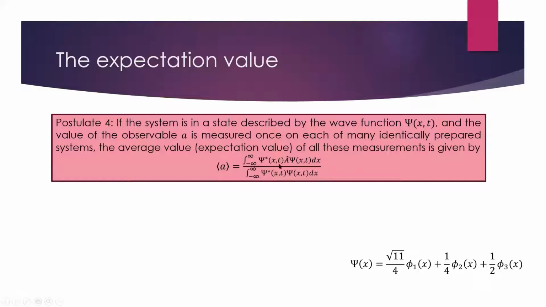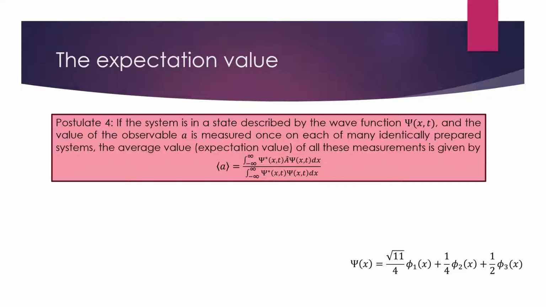It turns out that this denominator is the integral of the square of the magnitude of the wave function over all space. So for a normalized wave function, this denominator equals 1, and for a non-normalized wave function, this denominator normalizes the wave function. For the most part in this class, we'll just treat this denominator as 1, assuming we're working with normalized wave functions.